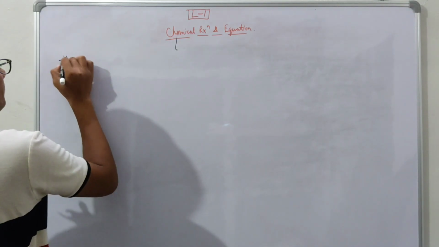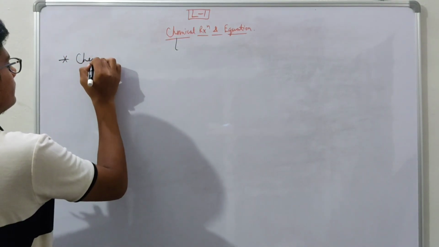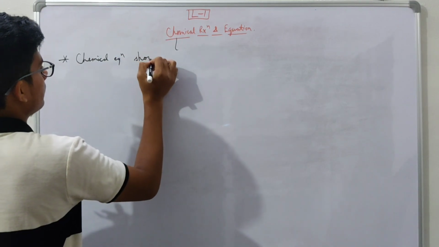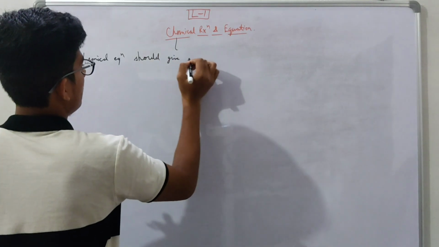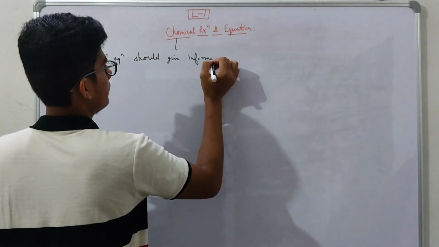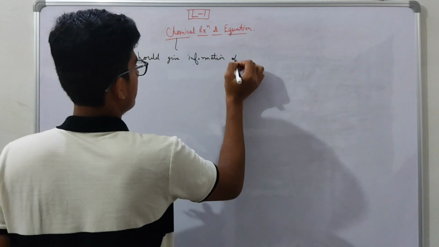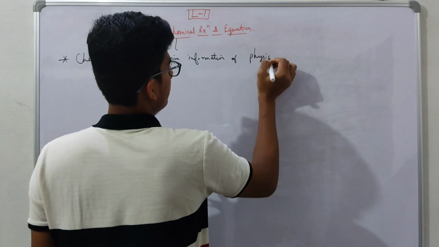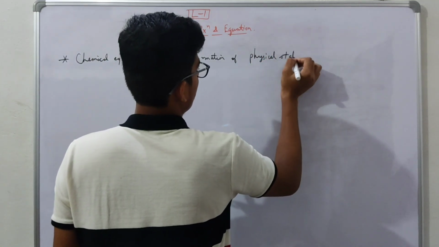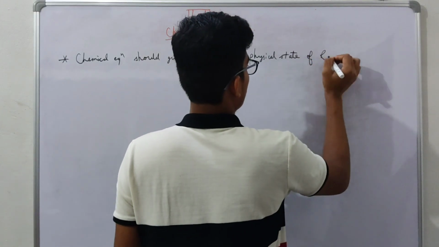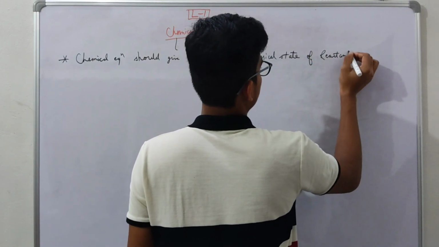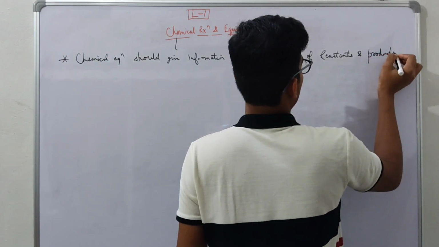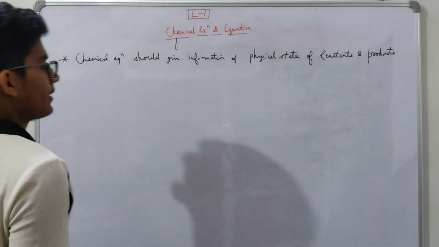First of all, the chemical equation should give information on the physical state of reactants and products. Now, what are reactants and products?